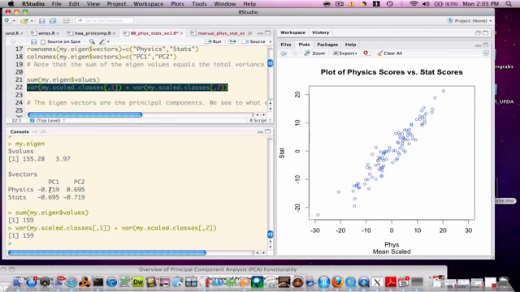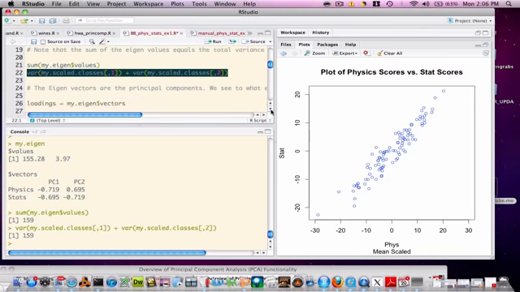Now what this information does here is indicate the strength of the association of these variables with the principal component. You can see in this case that they trend together. Over here they trend apart. Now we'll talk a little bit more about this when we discuss the notion of biplot.